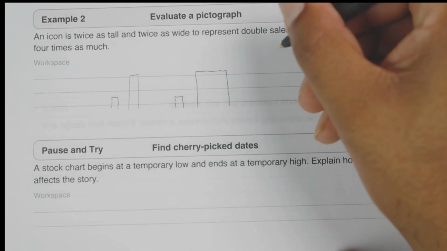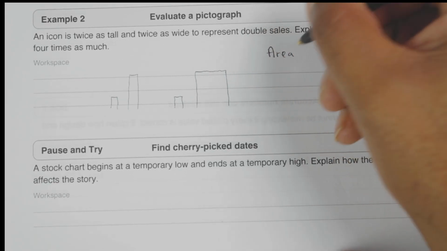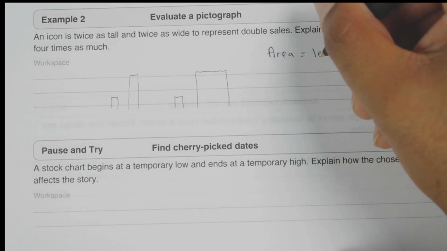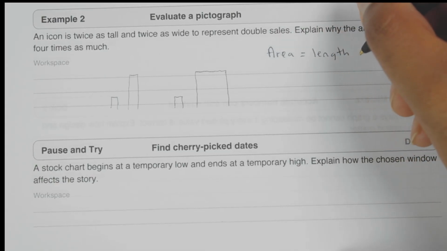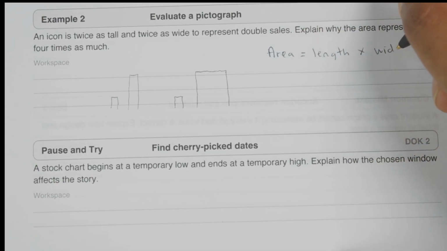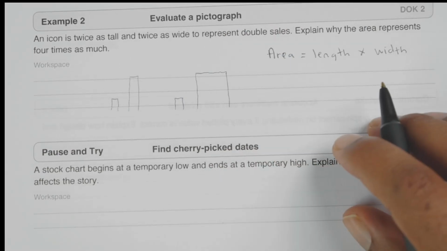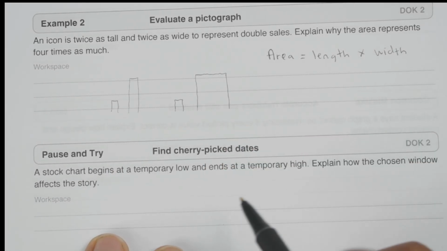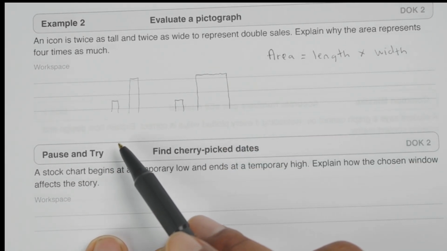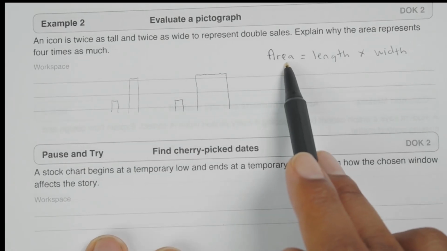So area, we know, area is length times width, right? That's the area. So if both dimensions double, in the first one, we'd have this length times width.